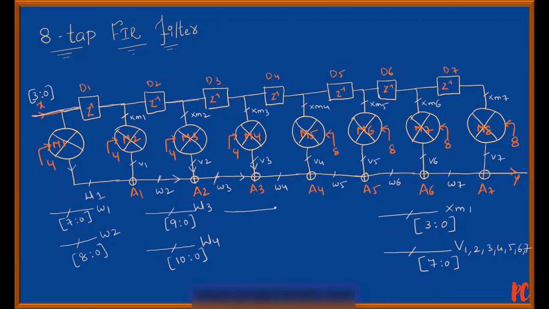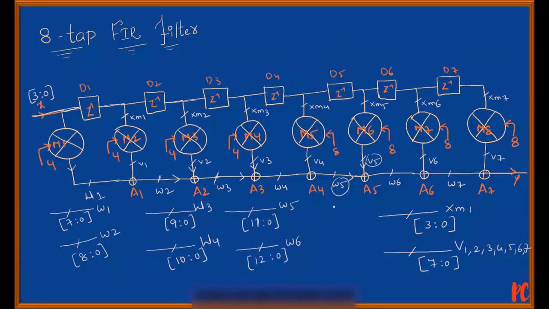Similarly, W5 will range from 11 down to 0, which is 12 bits. With respect to W6, the output of W5, which is 12 bit, and V5, which is as usual 8 bit, this will accommodate 13 bit, 12 down to 0.